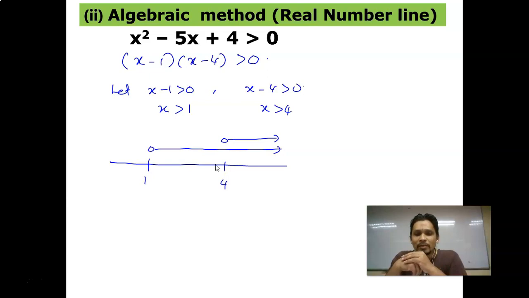Class, what's the difference between this example right now and the previous example, where we needed to use the intersection to get the final answer? Do you find any term of 'and' or 'or' here? My question again, do you find any term of 'and' or 'or' here?